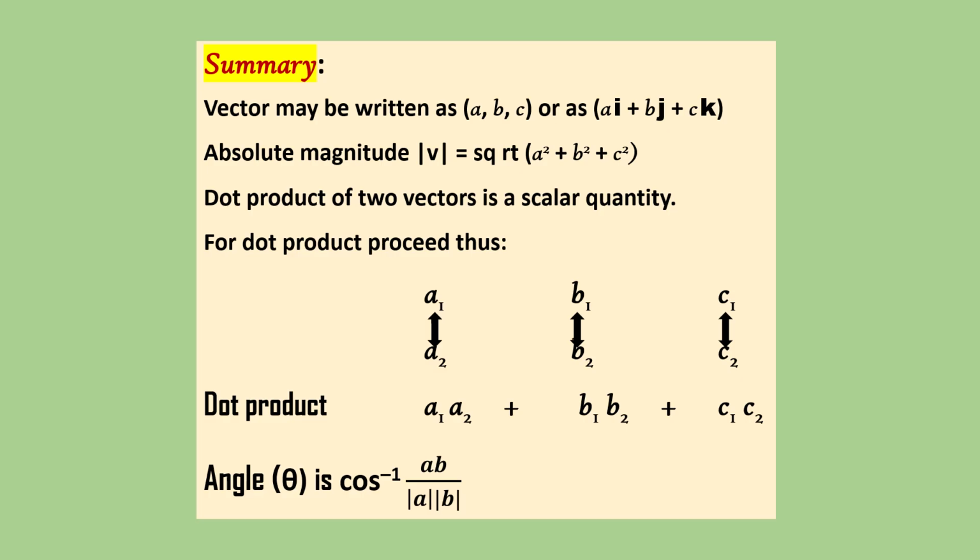And the angle theta is cos inverse of the dot product A dot B divided by the product of the absolute magnitudes of A and B. So A dot B divided by absolute magnitude of A into absolute magnitude of B is cos theta. So cos inverse of this will be the angle theta, that is the angle between the vectors.